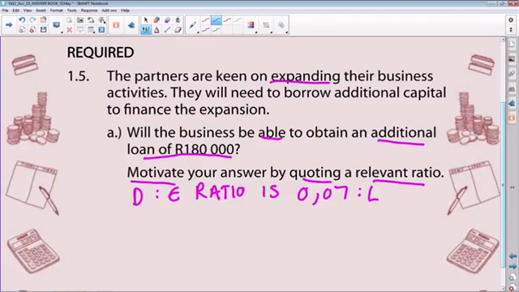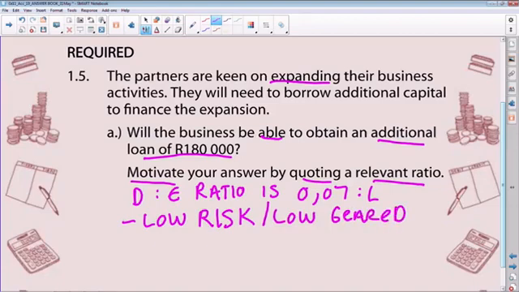Okay, this indicates that the business is low risk. So the banks don't regard the business as a risk. They will easily grant the business an additional loan. Or you can also mention the business is low geared.